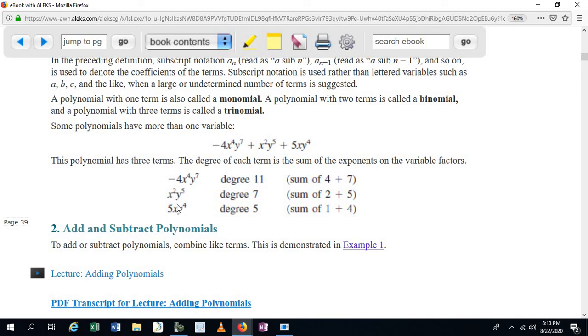And then this one has degree 5, because x is being raised to the first power, so it's 1 plus 4. And so when you look at a polynomial, sometimes we'll talk about the degree of one of the terms. Okay, so this polynomial here has 3 different terms, and each of these terms has a degree associated with it. This one is degree 11, this one is degree 7, and this one's degree 5.